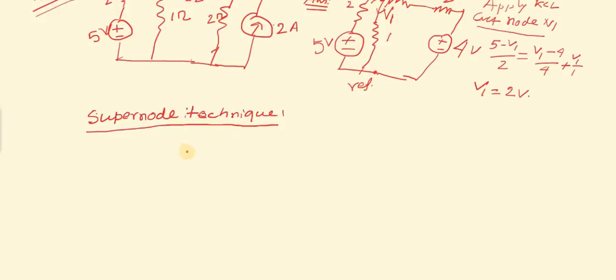It will be better to understand if we consider one example here. So we will discuss the supernode technique by citing one example type of problem. Say this is our network. This is a current source. This is the resistance, this resistance, and here is the resistance.